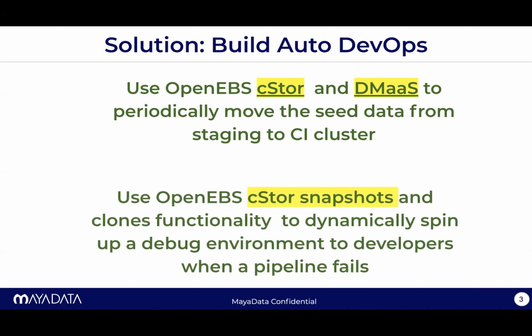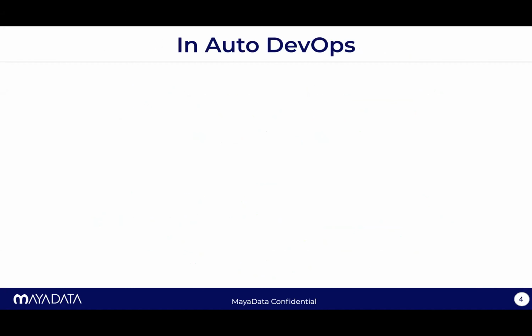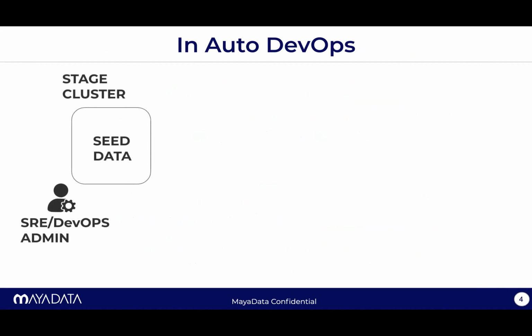And the second challenge is, again, to use cStor snapshots and clones functionality to dynamically spin up a debug environment for the developers whenever there's a failure. So cStor provides YAML declarative APIs to do this, to integrate with your CI infrastructure. It could be GitLab in this case. So if you do those two things, what happens?